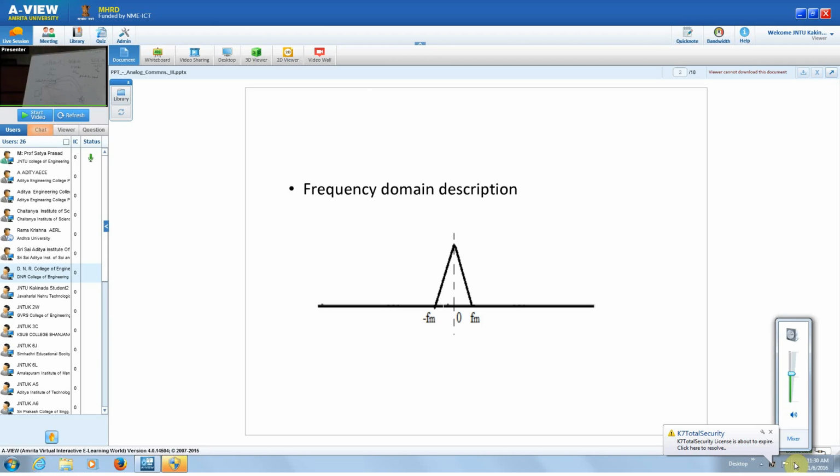Therefore, the fading effect is going to be less in the case of SSB compared to DSB and amplitude modulation.